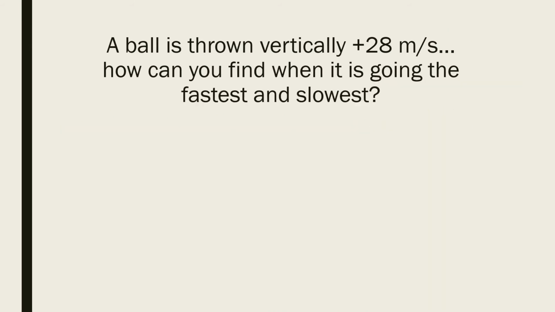A ball is thrown vertically 28 meters per second. How can you find when it's going the fastest and the slowest? I think this question tripped a lot of people up because they wanted to make it harder than it was. And this goes back to understanding the concept.